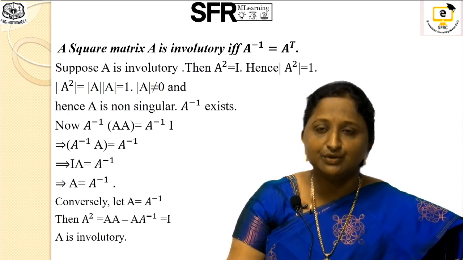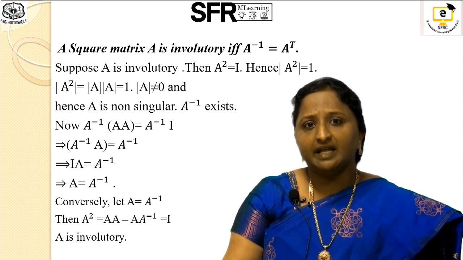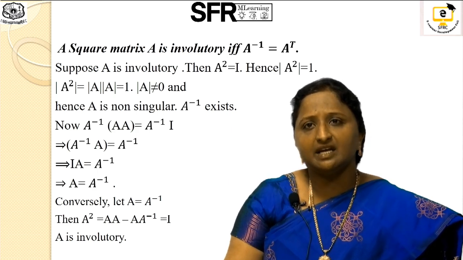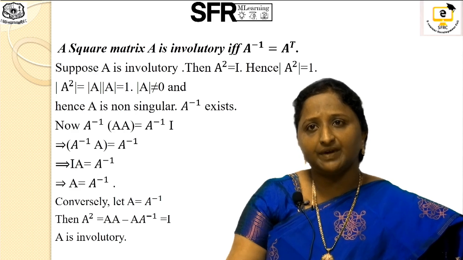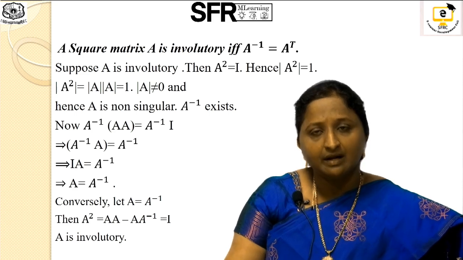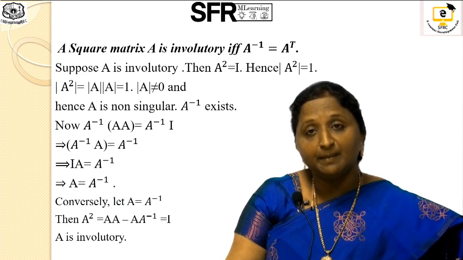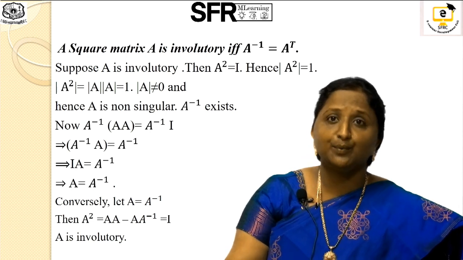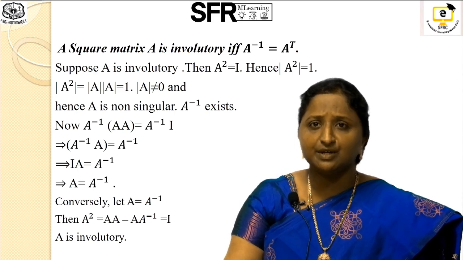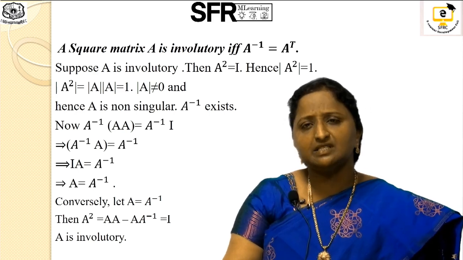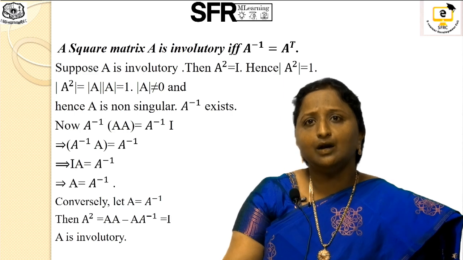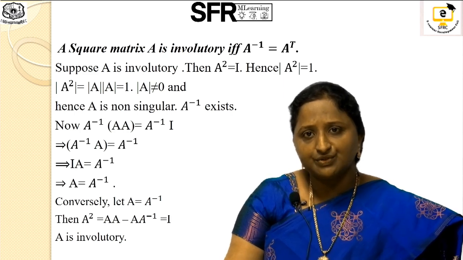By the definition of involutory, A squared is equal to I. Taking the determinant, determinant of A squared is equal to determinant of I. Using the property that the determinant of a product of two matrices is the product of the determinants, determinant of A squared is equal to determinant of A into determinant of A, which is equal to 1, and also determinant A is not equal to 0.